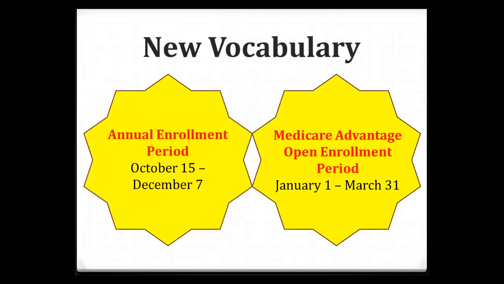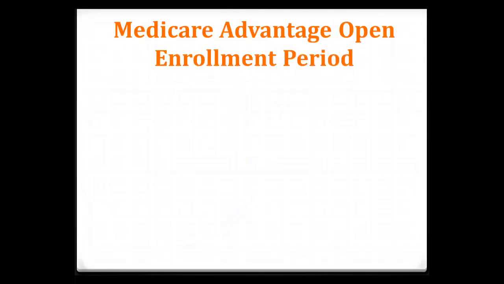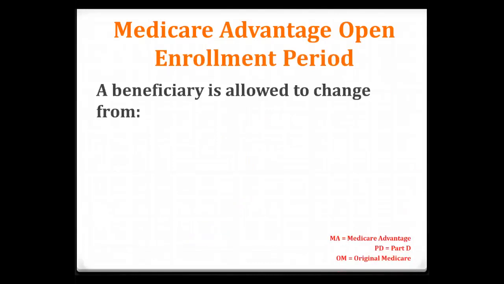I'd have to double check that. But now it's starting up again. The Medicare Advantage open enrollment period is January 1st through March 31st. And I'm going to tell you exactly what that means. I've kind of given you a key down here at the bottom. When you see MA, that means Medicare Advantage Plan.